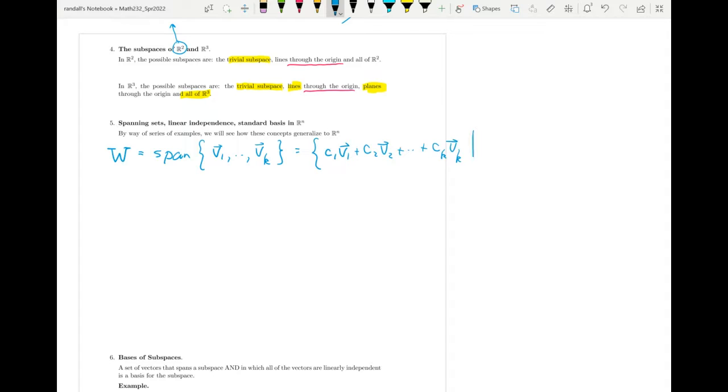All right, so the span of a set of vectors is an infinite collection of vectors because I'm choosing all possible selections of scalars. Even though I start with a finite set of vectors here, I end up with an infinite set of vectors. But that's the span, as you knew, the set of all linear combinations.